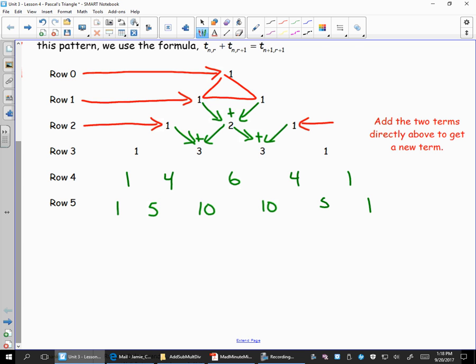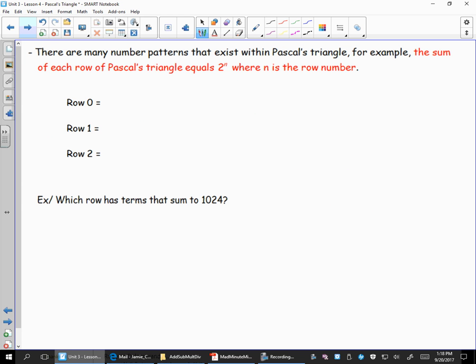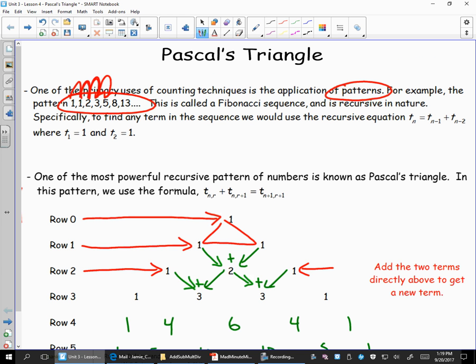There are some really helpful patterns in this. For instance, if you add together each of the terms in a row, it always comes out to 2 to the power of n, which is something we've seen before, right? That was our idea yesterday about take it or leave it. Go back to this example: row 0 adds up to a total of 1. Then 1 plus 1 is 2. 1 plus 2 plus 1 makes 4.